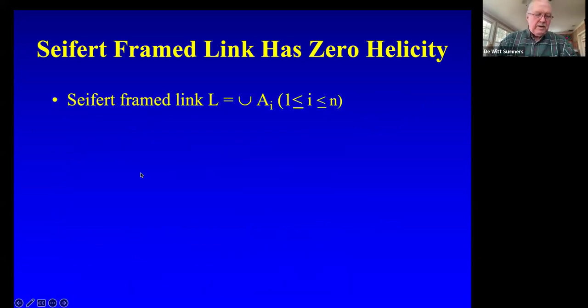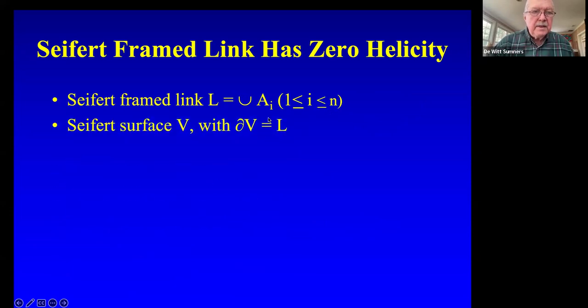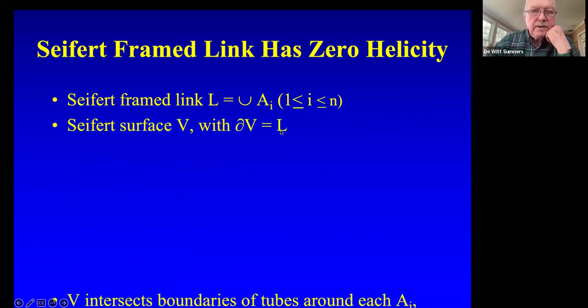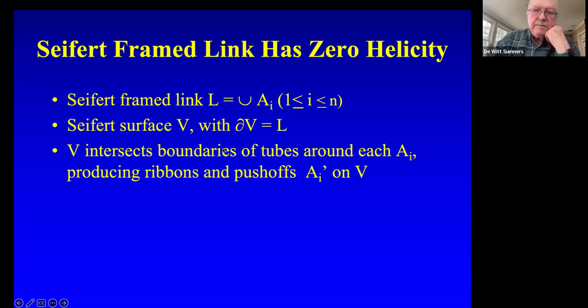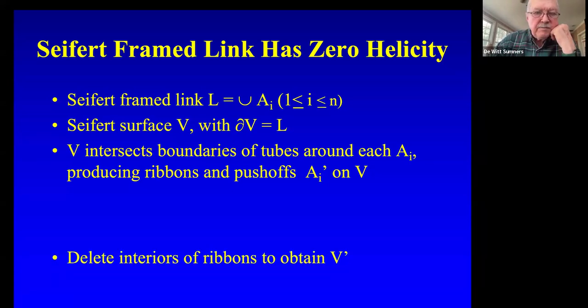So suppose I've got a Seifert framed link L. So L is the union of a bunch of center lines A_i as i goes from 1 to n. I've got the Seifert surface V whose boundary is equal to L. And V intersects the boundaries of tubes around each A_i, producing ribbons and push-offs. A_i prime is the push-off, and R_i would be the ribbon, and all of these things live on V, the Seifert surface.